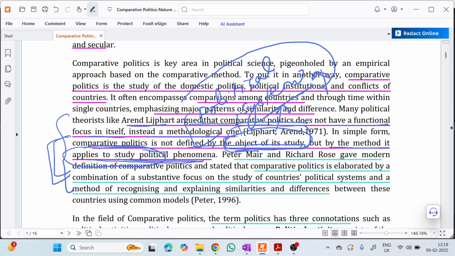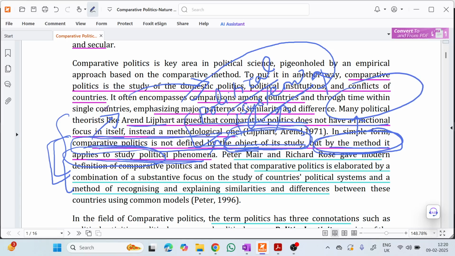By this sentence, it is meant that comparative politics is not about just studying or listing the differences among various political systems, but about what methods have been employed to study such political phenomena. Because the methods themselves ensure that such comparison has fruitful results.